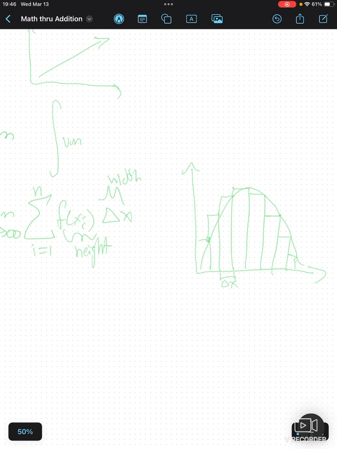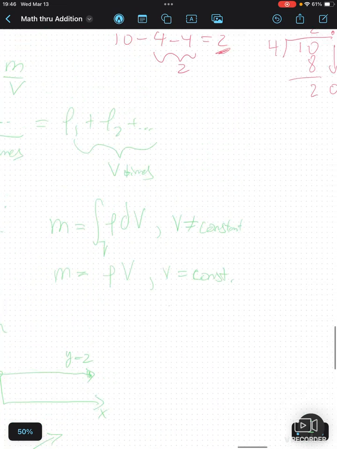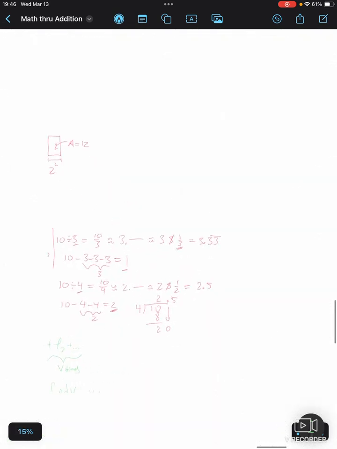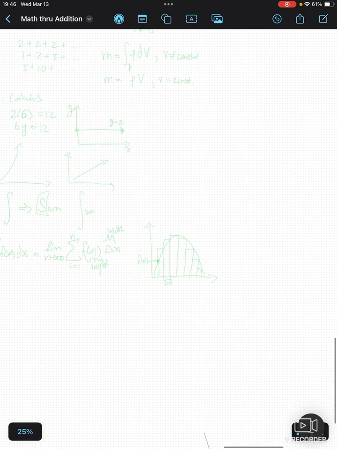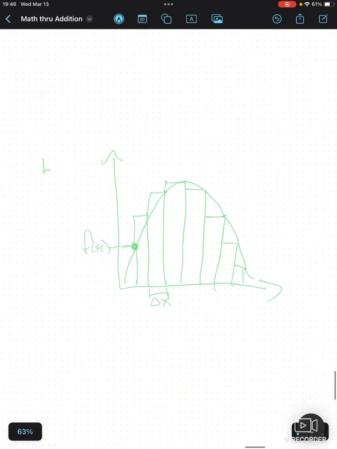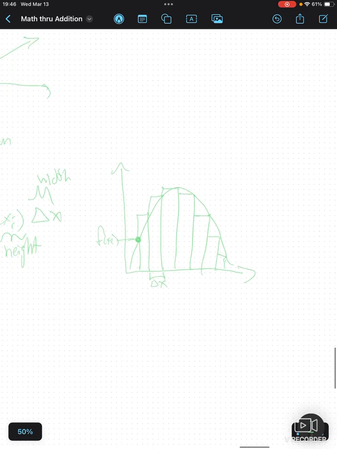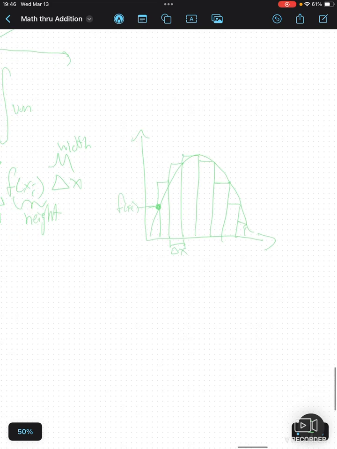And the height is just taken at some point, and this would be f of xi, whatever point that is. Now we know for multiplication, as we had talked about previously, this can be visualized as a rectangle in a way, and we're doing the exact same thing here. We don't know how to find the area under this curve, but we can find the area of a rectangle, so we do that.